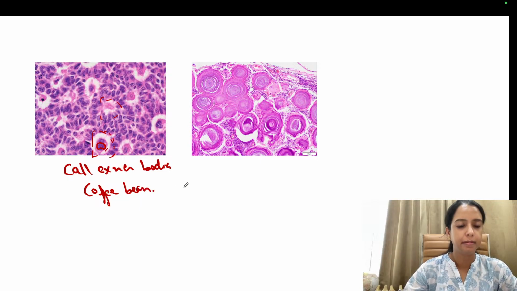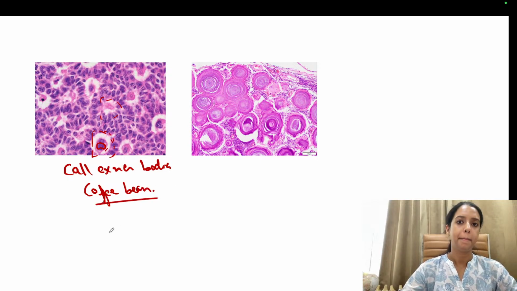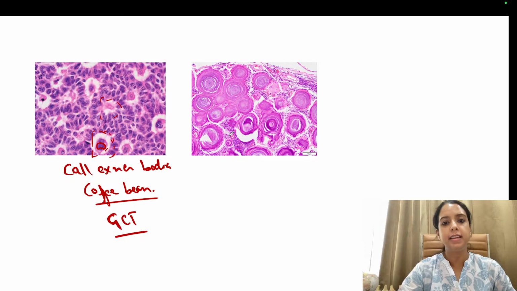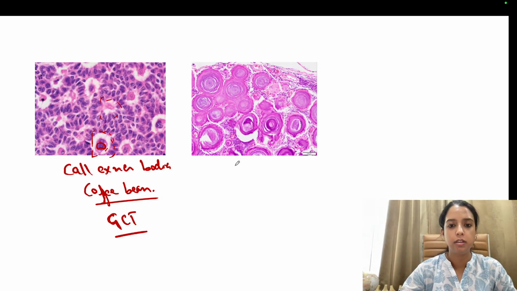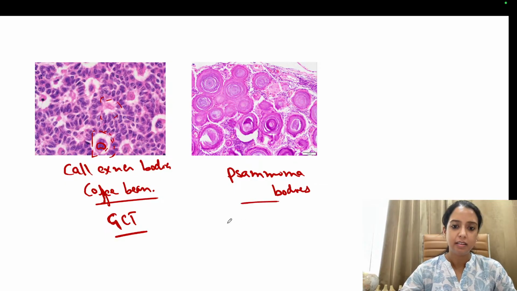Which ovarian cancer? Granulosa cell tumor. And this, can you see intracellular calcification, the rings of calcification? Psammoma bodies. Psammoma bodies are typically seen in serous cystadenoma.